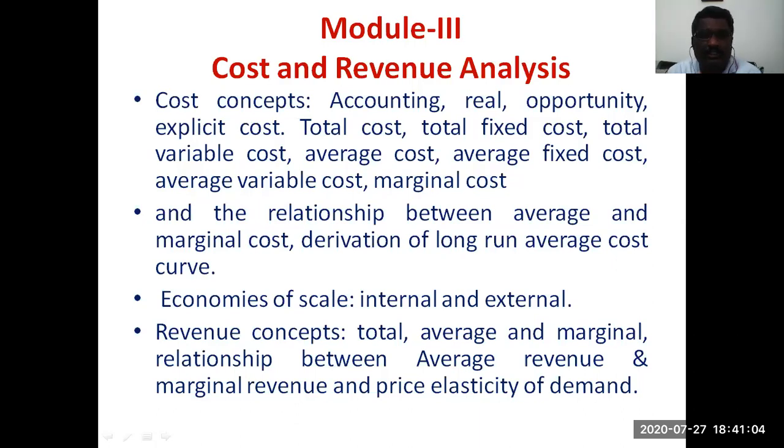All these cost concepts are studied in this chapter, especially to understand the next modules on markets. We have to know these cost concepts as well as the revenue concepts.